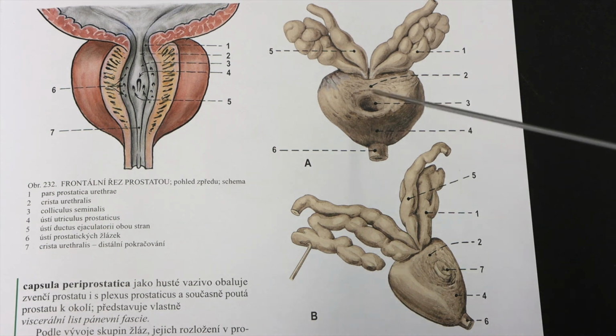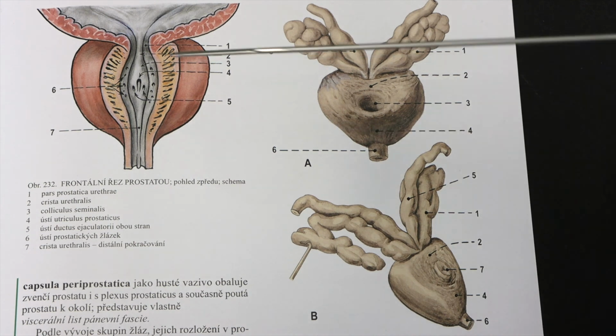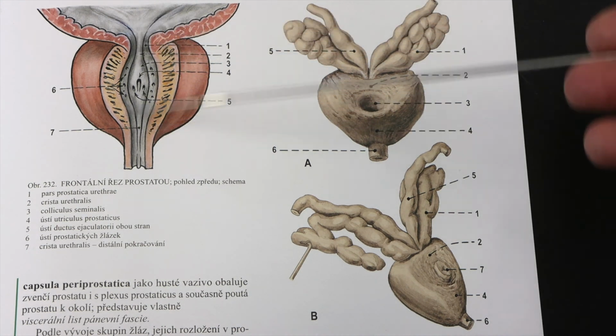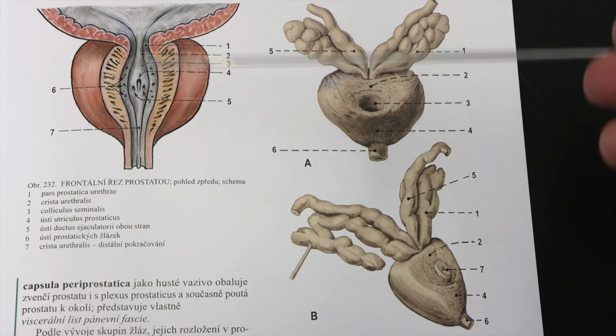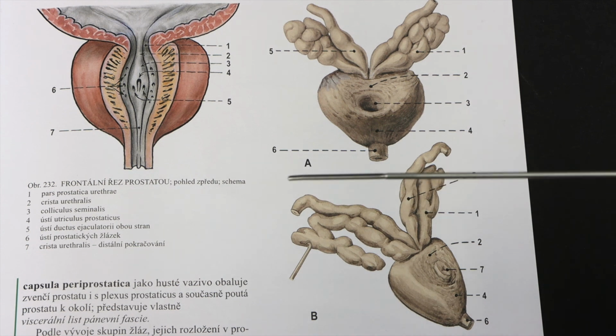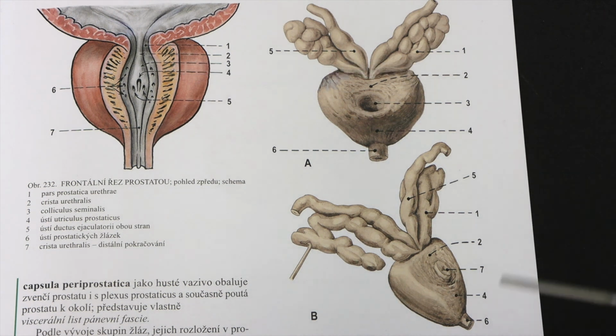When the urethra passes through the prostate, its position is more close to the anterior wall of the prostate, and in this case the prostate is divided into two main parts: the periurethral part, the part of the prostate that is in front of the urethra, and since the urethra is located more toward the anterior wall of the prostate, this part is smaller than the part that is behind the male urethra, which is called the retrourethral part of the prostate.